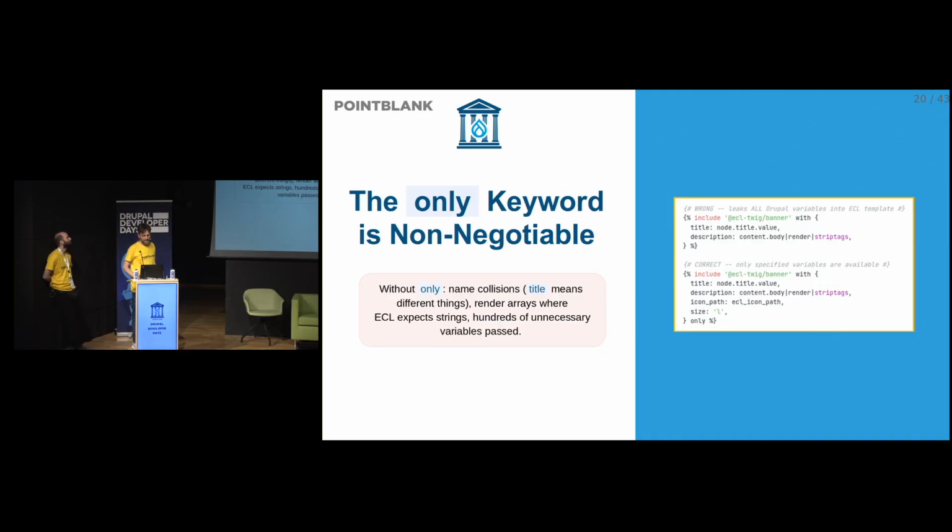Drupal's title render array collides with ECL's title string parameter. So the result is silent rendering bugs that are extremely hard to diagnose. With only, we just pass the variables that are available inside the ECL template. So then we have clean, predictable output and no collisions.